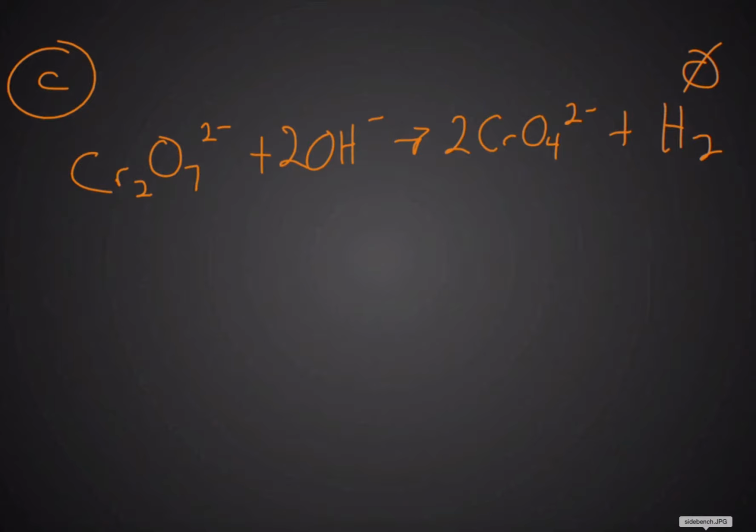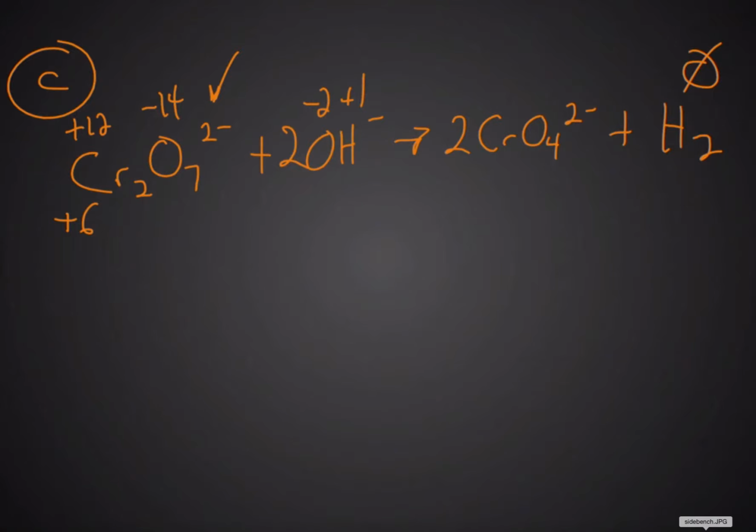The dichromate, you've got 7 oxygens, so that's a -14 altogether. The overall charge is -2, which means the chromate has an oxidation number of +12 or +6 each. The oxygen here in the hydroxide is -2, which makes the hydrogen +1.